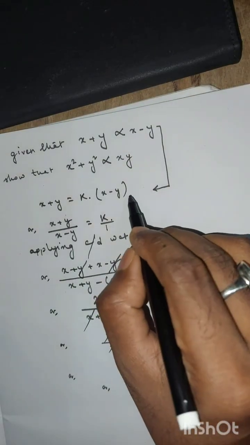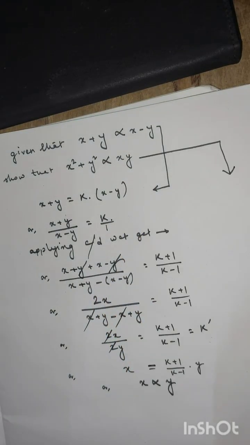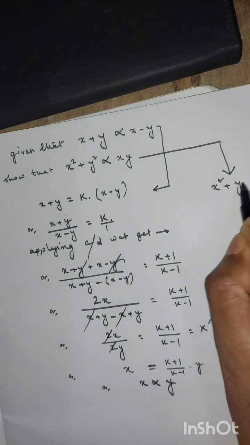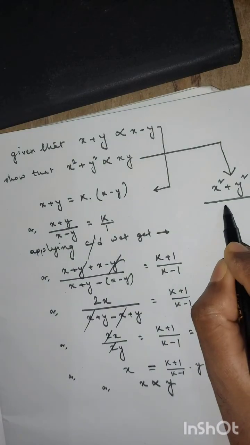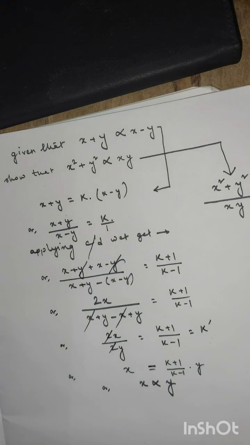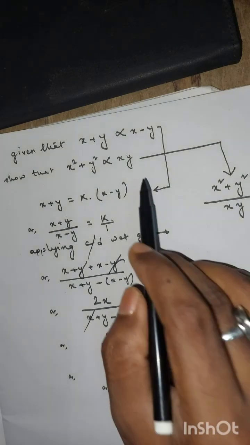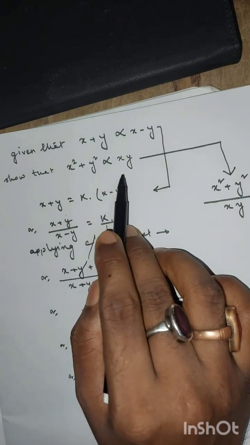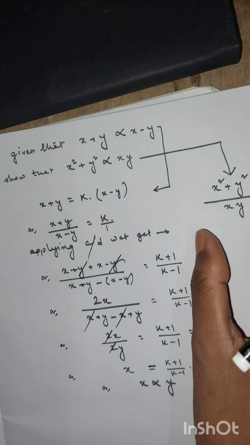Now when two quantities are directly related, their ratio is always constant. So if we show that x square plus y square by xy, this ratio, is a constant, then we can say that these quantities will be directly related to each other. To show that, we are proceeding like this.